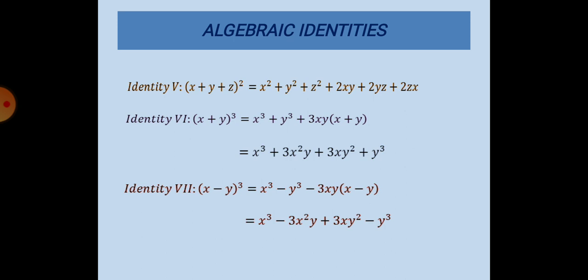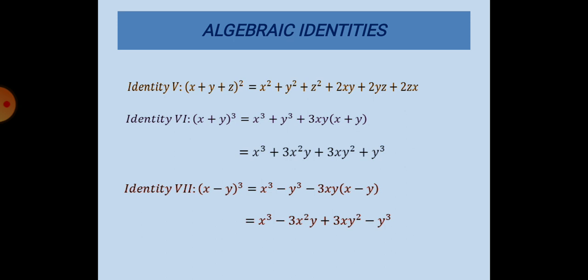In that, the second one is x plus y whole cube. That is, when a binomial is multiplied by itself 3 times, it takes lot of time to perform the multiplication. Instead, you can substitute your values of first and second term in place of x and y and you can get the product easily.